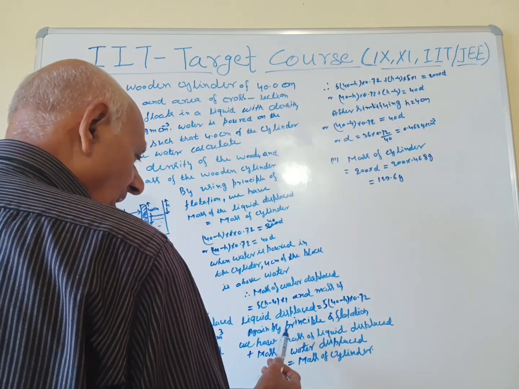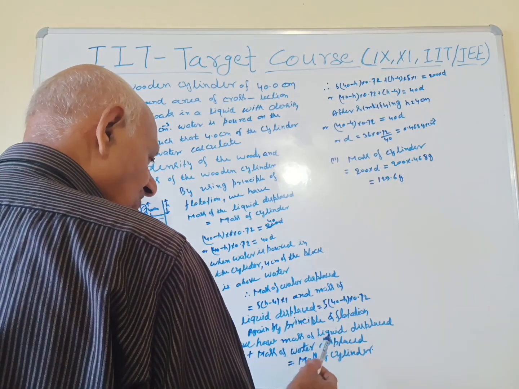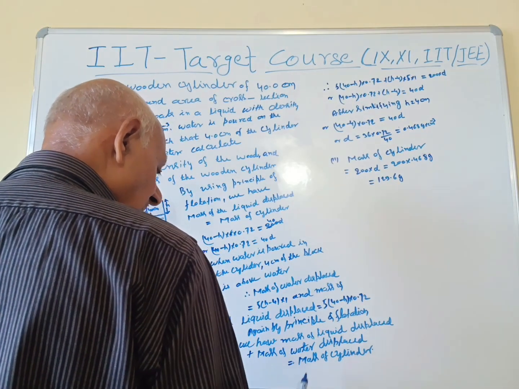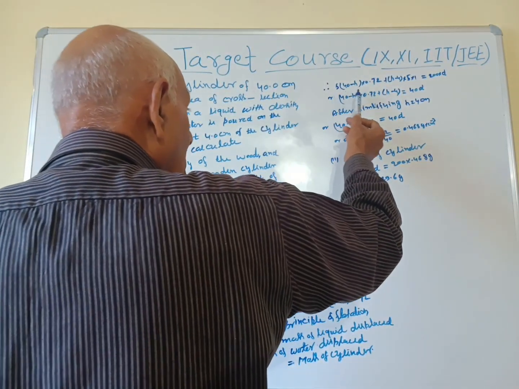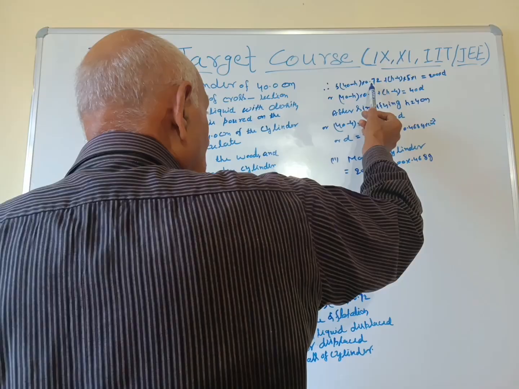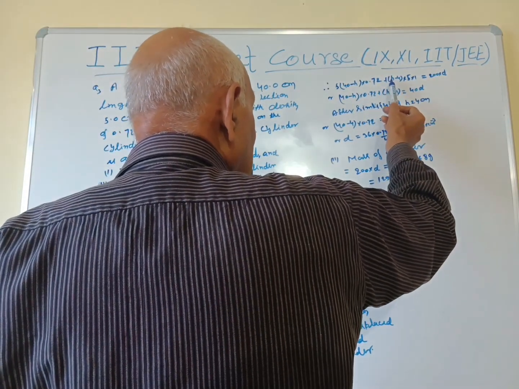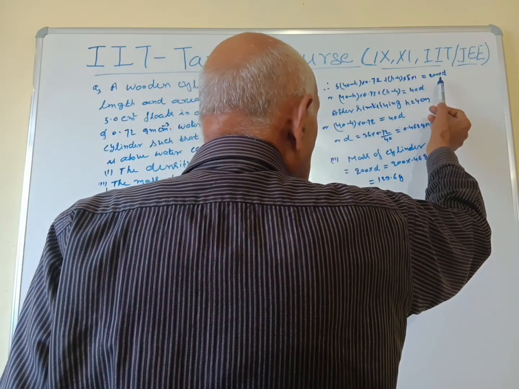Again, by the principle of floatation, mass of liquid displaced plus mass of water displaced equals mass of cylinder. Therefore, 5 of 40 minus h into 0.72 plus 5 of h minus 4 into 1 equals 200 D.